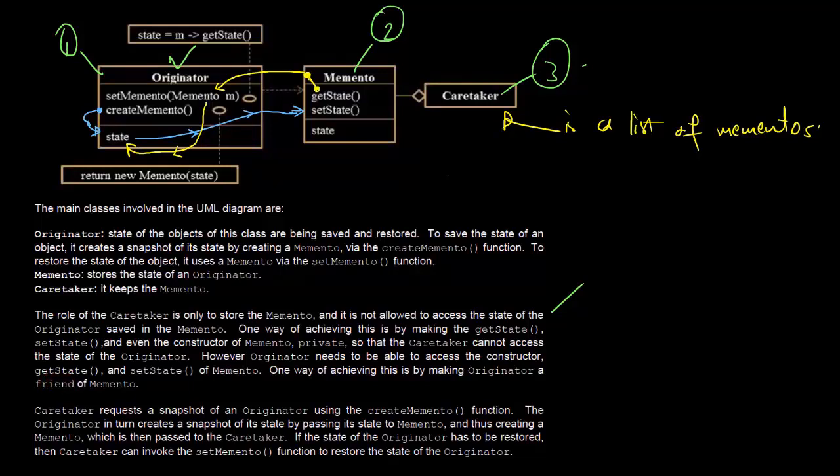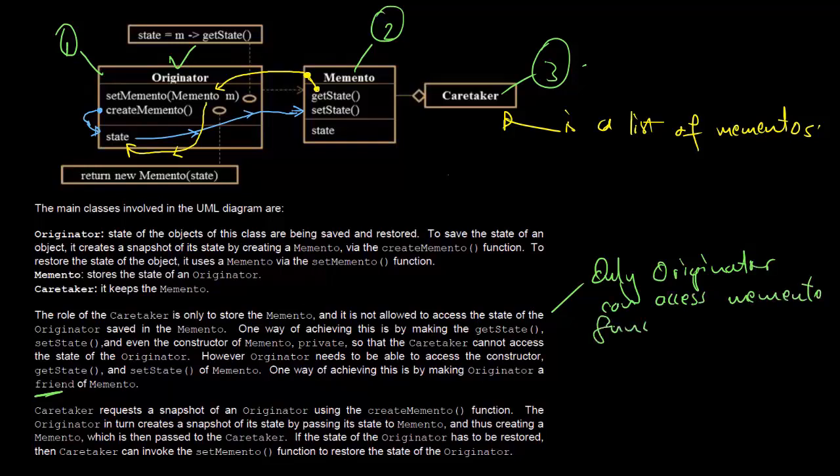In other words, we make originator a friend of memento to ensure that only the originator can access memento functions. And this then allows us to achieve encapsulation.